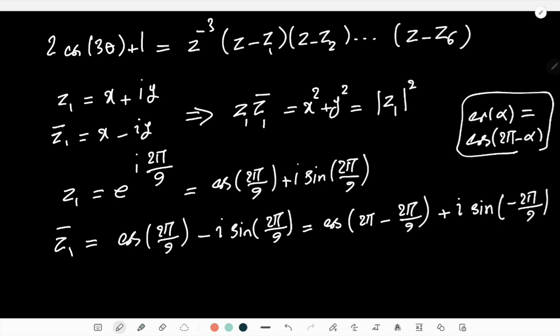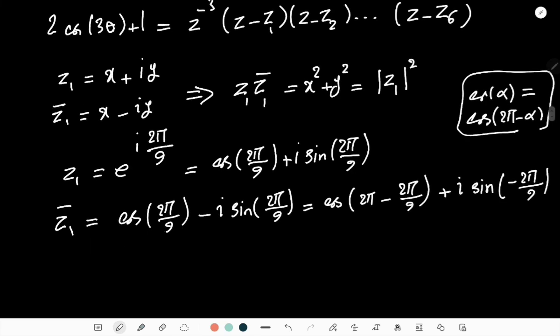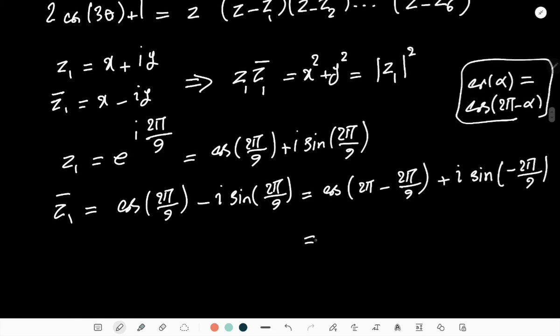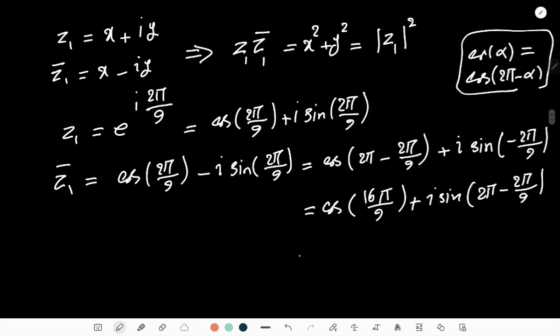And then I can also add a 2 pi there, which gives me cosine of 16 pi over 9 plus i sine of, we can add 2 pi to this angle, so that gives me 2 pi minus 2 pi over 9, which again gives me cosine of 16 pi over 9 plus i sine of 16 pi over 9.